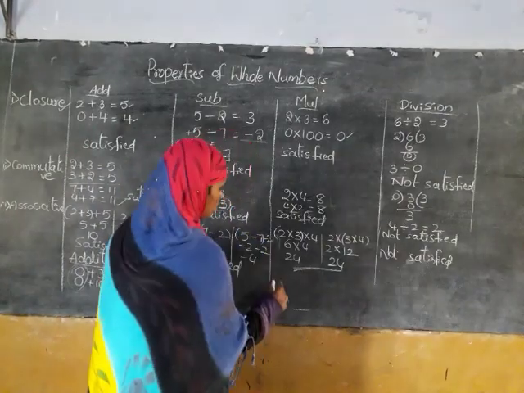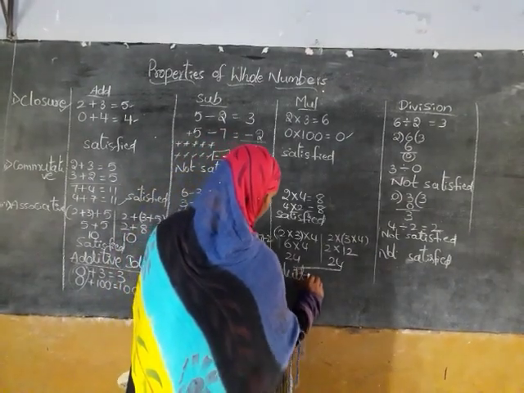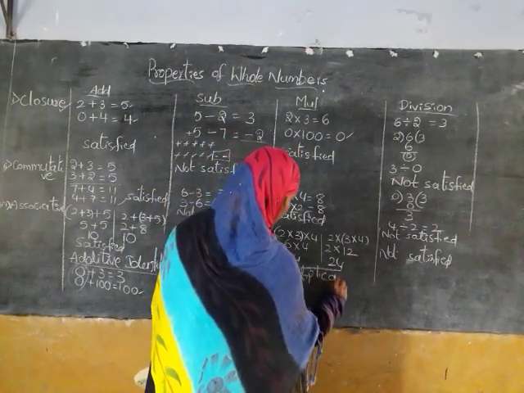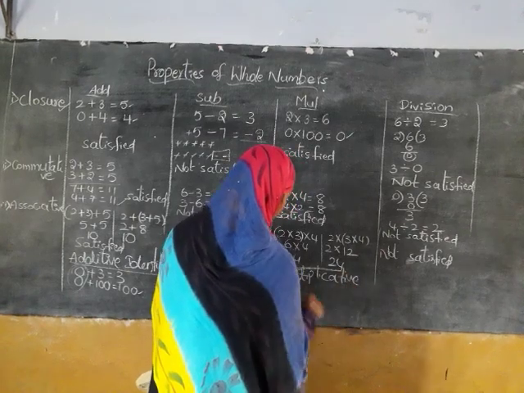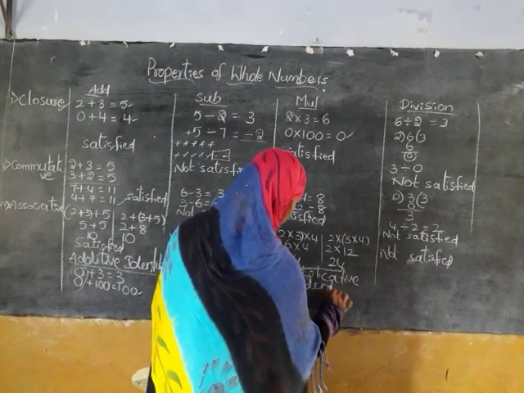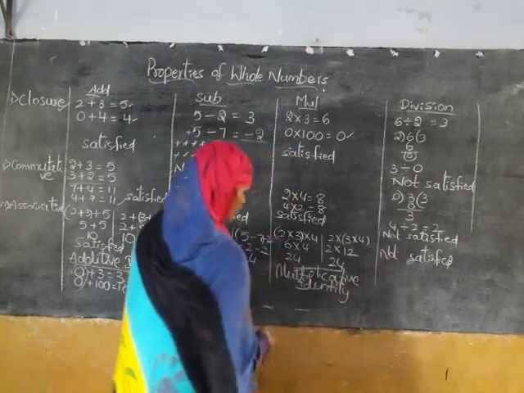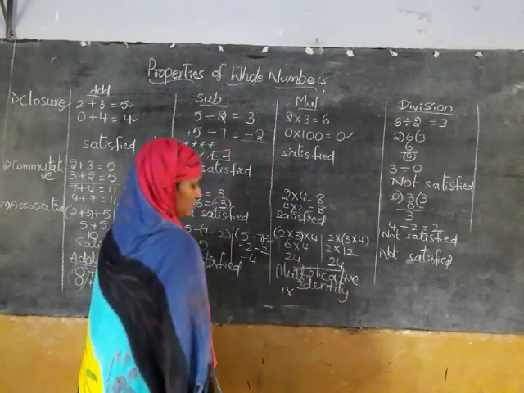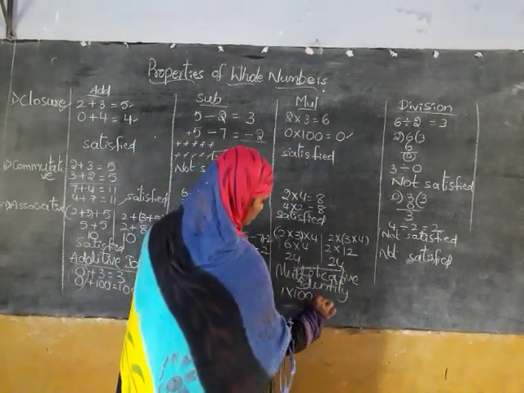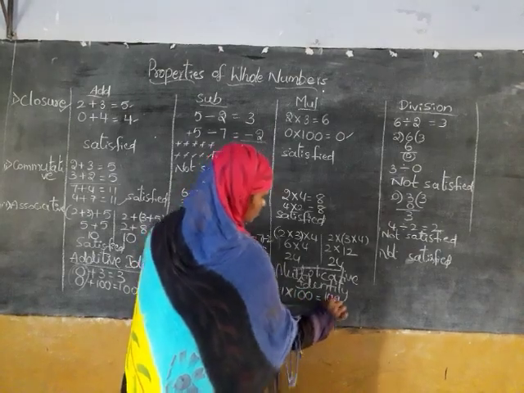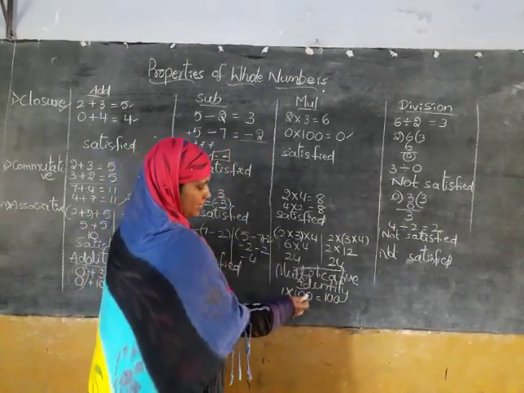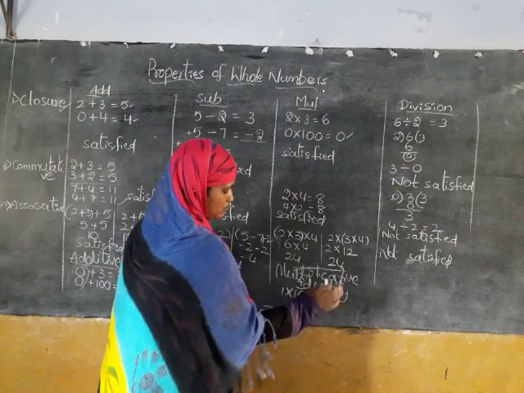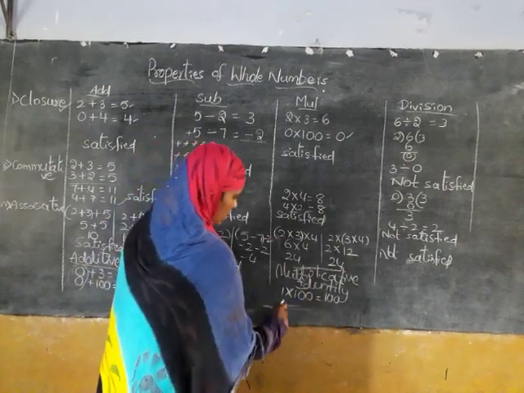Now, what is the multiplicative identity? If you multiply a number with 1, what do you get? Whatever the number you are taking, the same number should be displayed here. So 1 into 100 is 100.